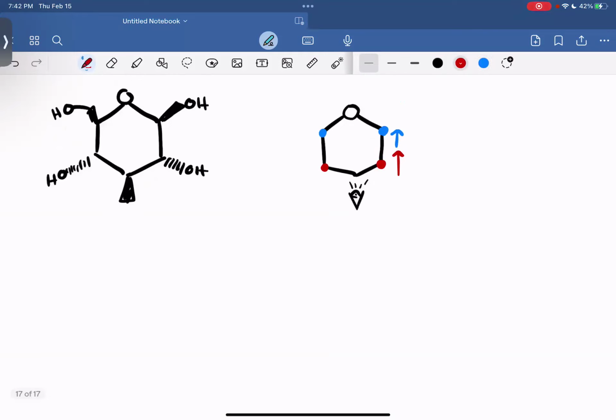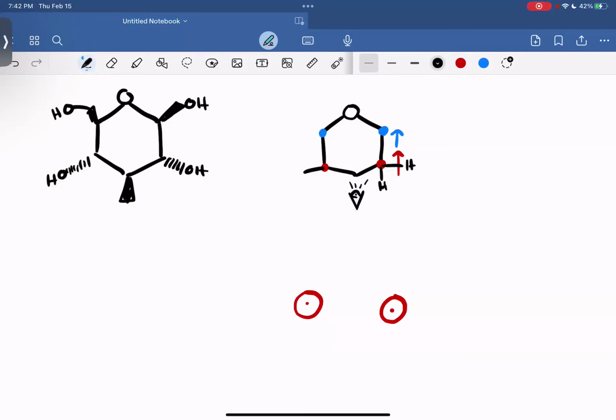Well, let's draw this. Are you going to be expected to do this with all glucose molecules? Probably not, but this will help you see the chair conformation. So we'll draw. What's coming off of the red carbons, these guys here?